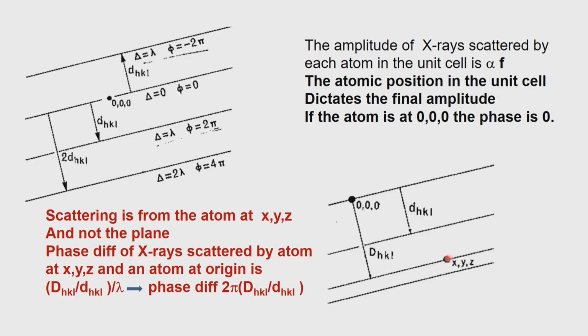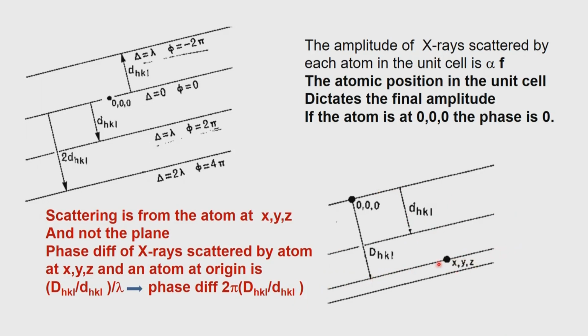Suppose there is an atom at XYZ at this position in the unit cell. So, there is an atom here and that is in the unit cell. So, what you do is you draw a plane which is parallel to the plane. So, in 2 dimensions we are drawing a line. So, this line is 1 d of HKL away, which is actually giving the scattering associated with it. What we do is we draw a line parallel to that.